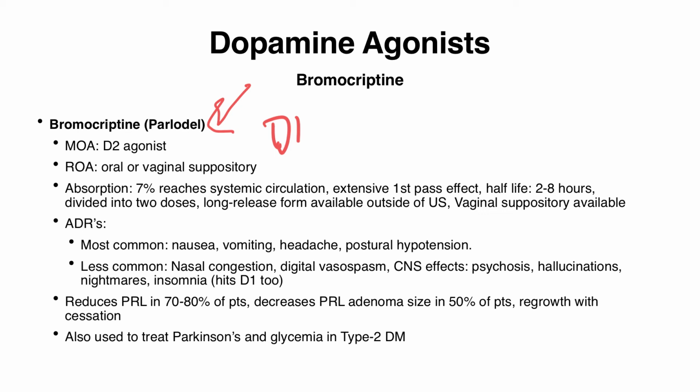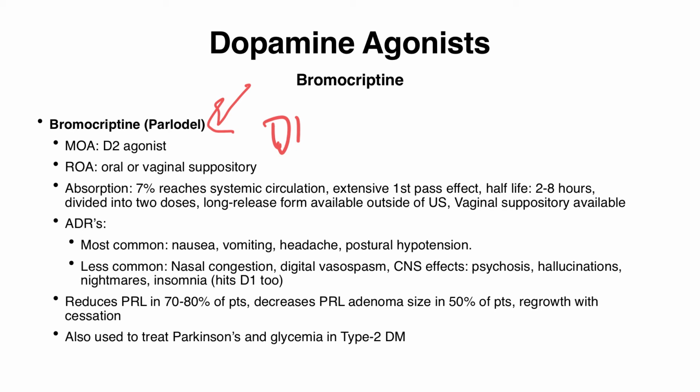It is taken orally, but it can also be taken in the form of a vaginal suppository. This medication undergoes really significant first pass effects, being broken down by the liver before it reaches its site of action. So only 7% actually makes it to the systemic circulation. Its half-life is 2 to 8 hours, and it's divided into 2 doses.